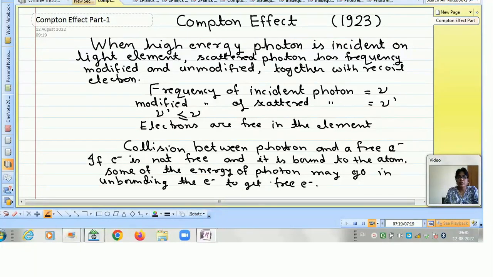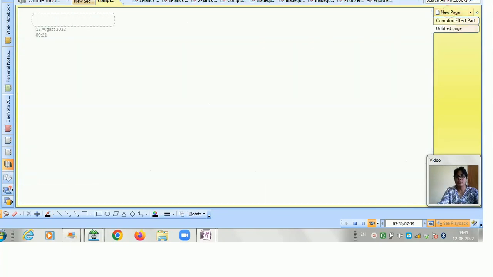So practically we assume that whenever a high energy photon is incident on a light element, it is a problem like the collision between a photon and a free electron. So now we will treat this problem as a collision between a photon and a free electron. So let us go to another page.